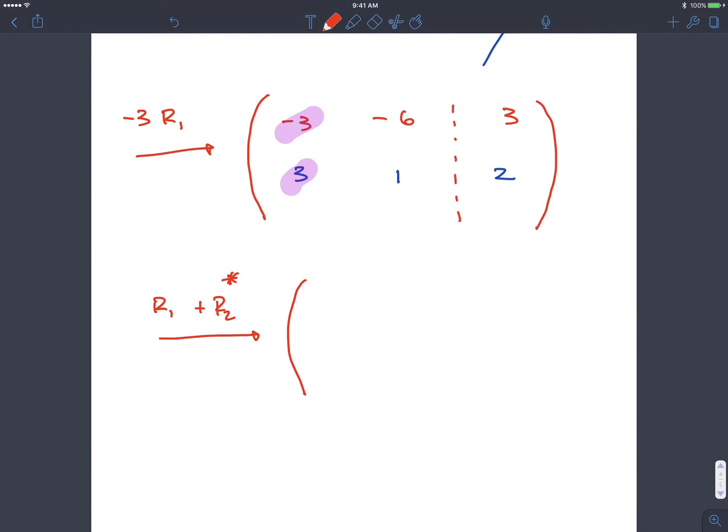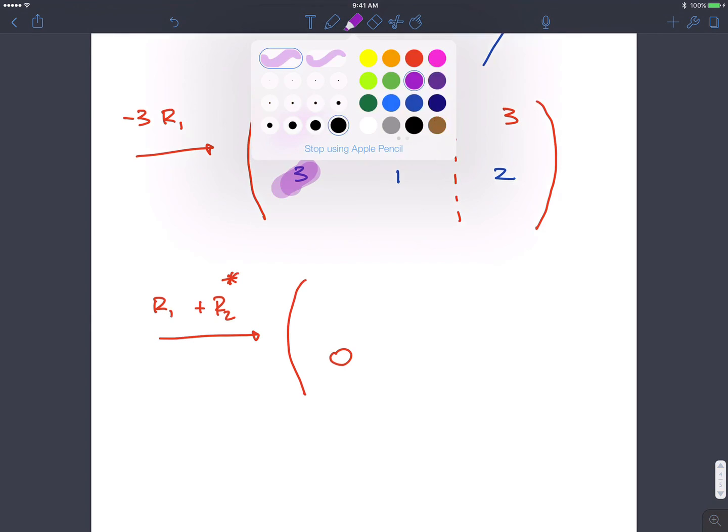So notice what I did. When I take the negative 3 and add it with 3, row 1 plus row 2, negative 3 plus positive 3 gives me a 0 in the position that I need. I just now have to accept all the other values.